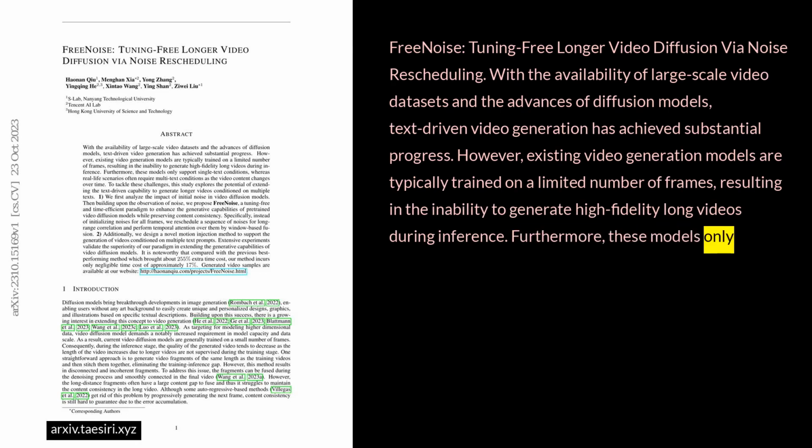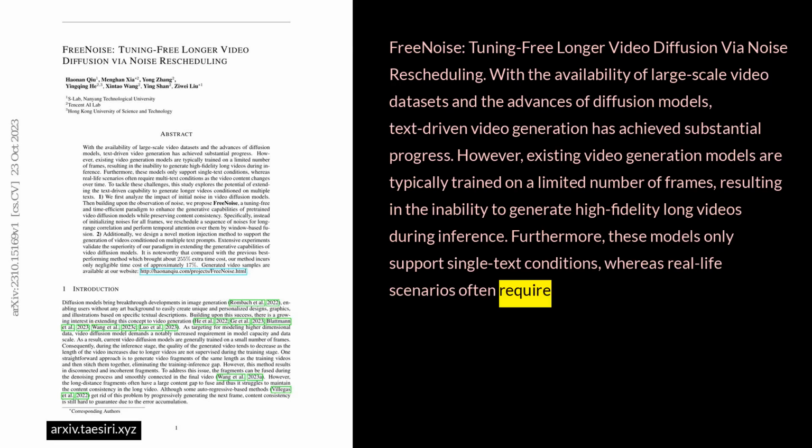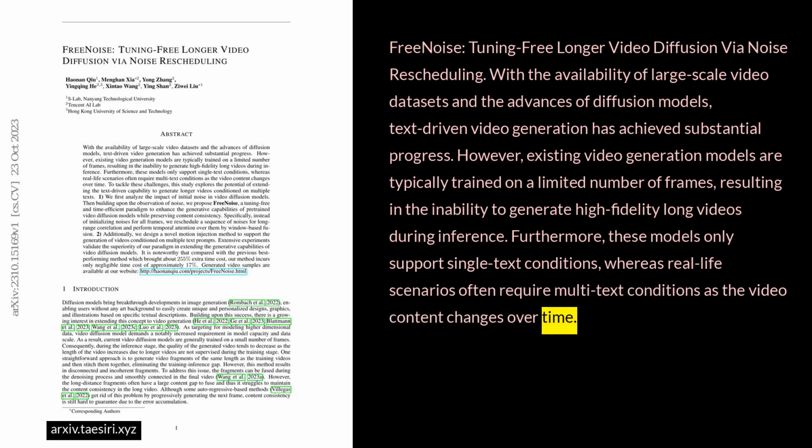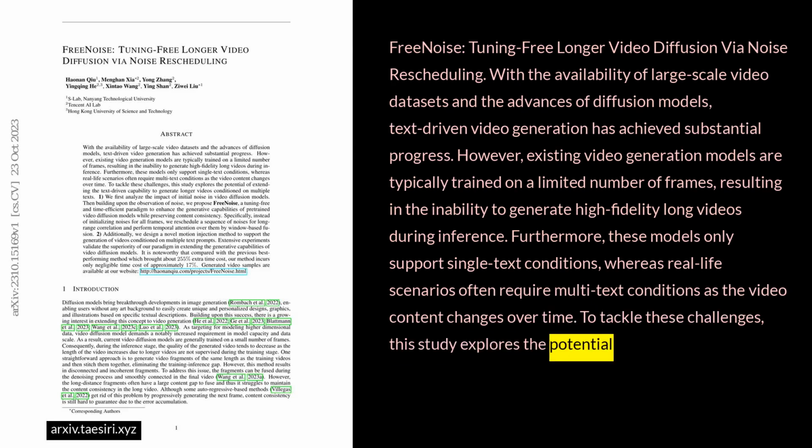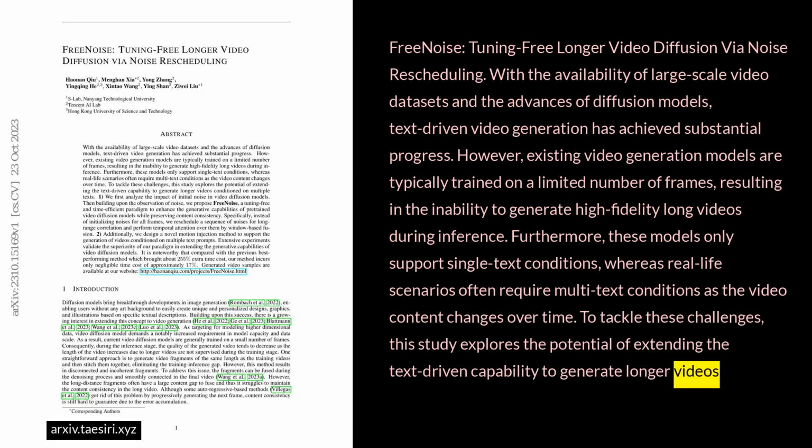Furthermore, these models only support single text conditions, whereas real-life scenarios often require multi-text conditions as the video content changes over time. To tackle these challenges, this study explores the potential of extending the text-driven capability to generate longer videos conditioned on multiple texts.